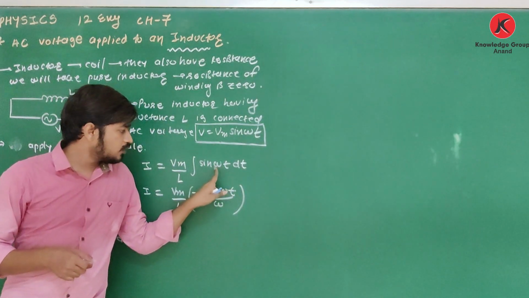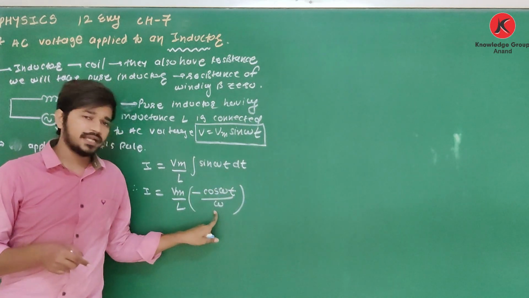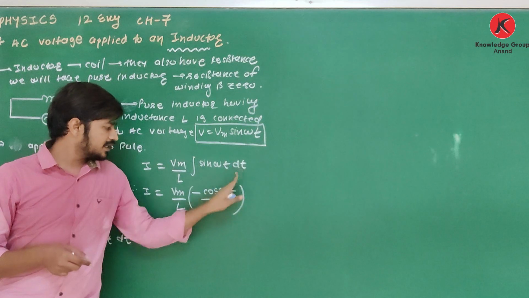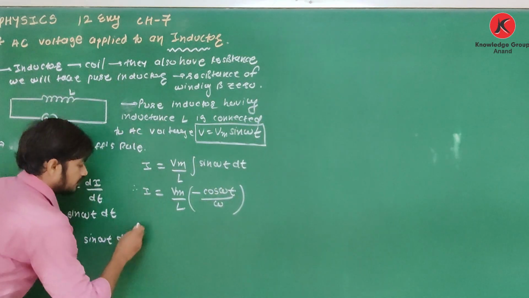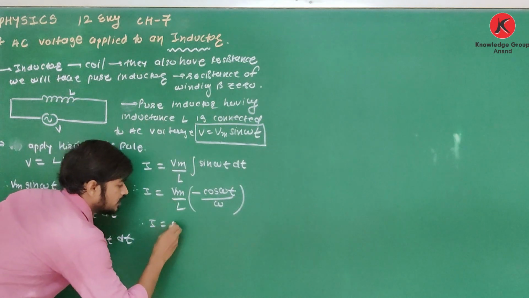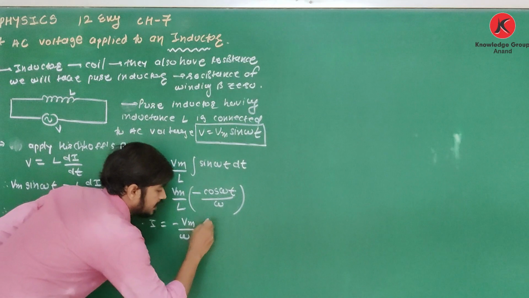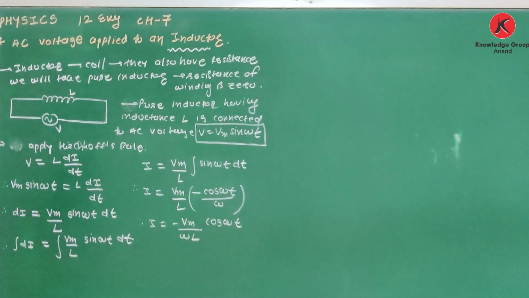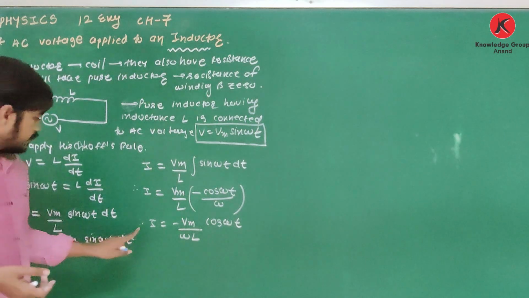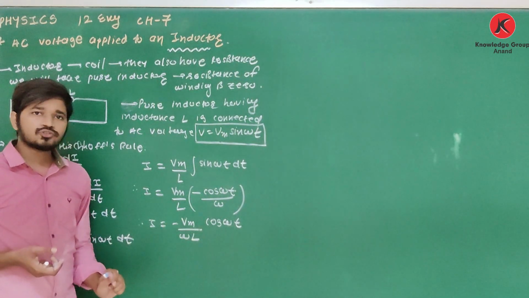Minus cos, and omega t is an additional term, so you have to differentiate it again and divide by omega. So the integral of sin omega t dt is minus cos omega t upon omega. Therefore I is equal to minus Vm upon omega L cos omega t. Clear about this?